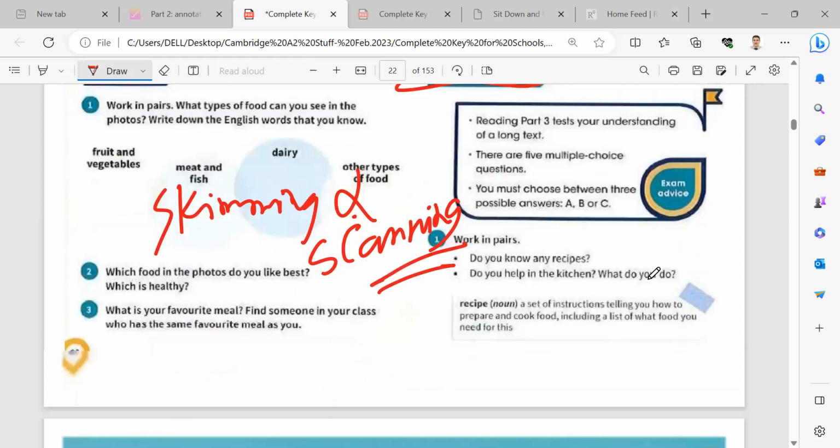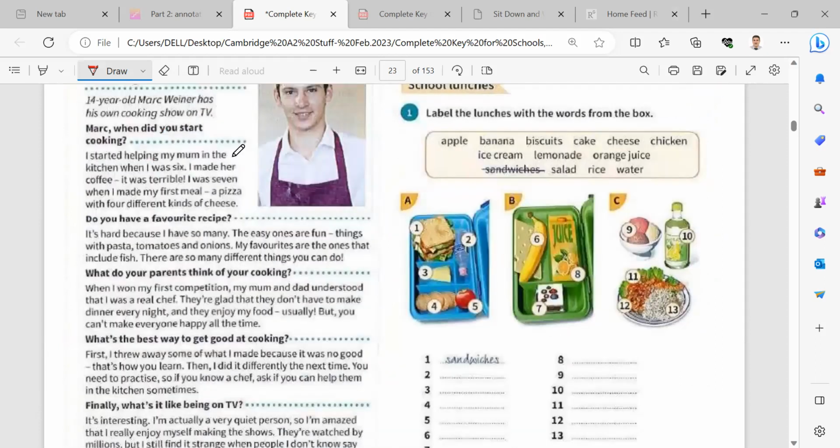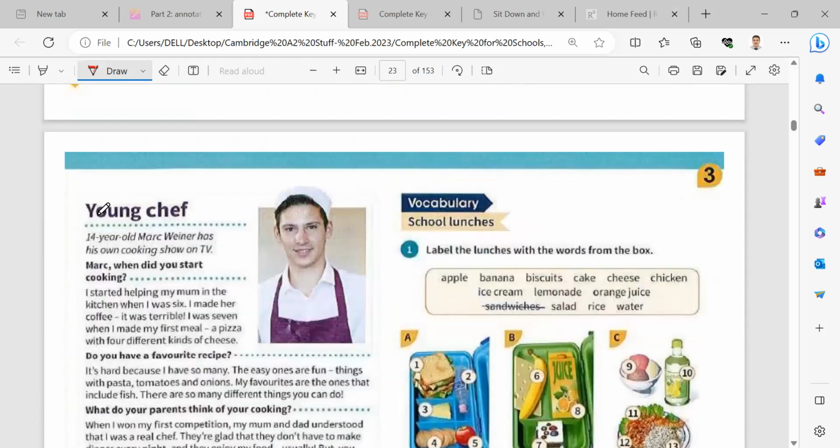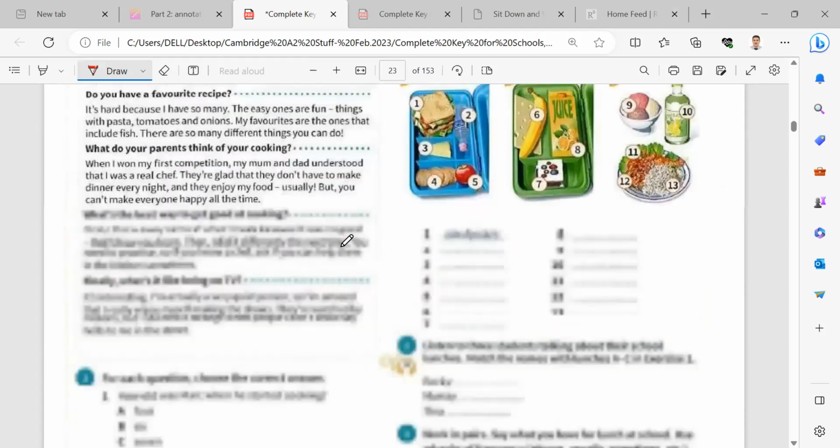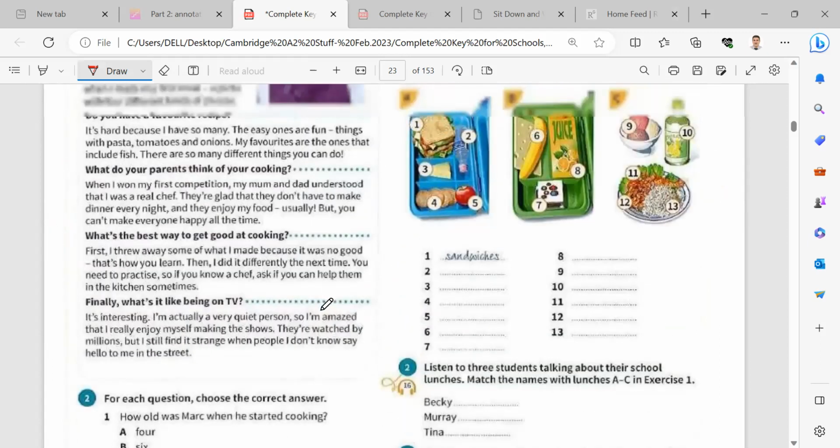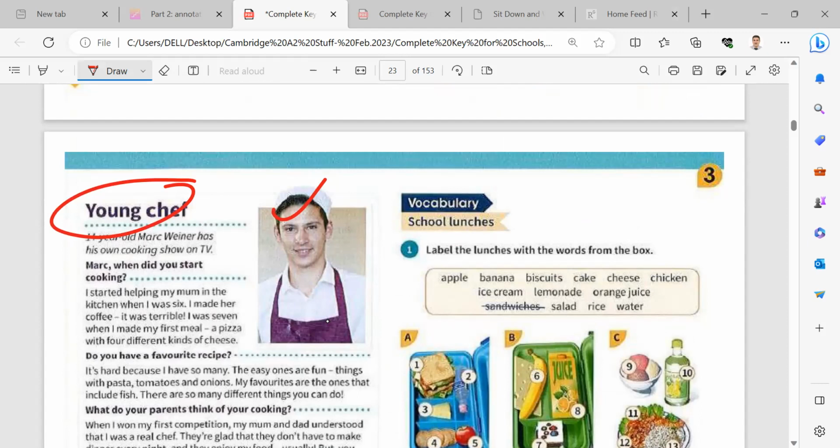Skimming, Nawaf: if I give you a passage like this and ask you to skim it, skim means quickly look at the pictures, read the titles, and let me know how many paragraphs are there in the passage. To finish skimming, you need 30 seconds to 1 minute.